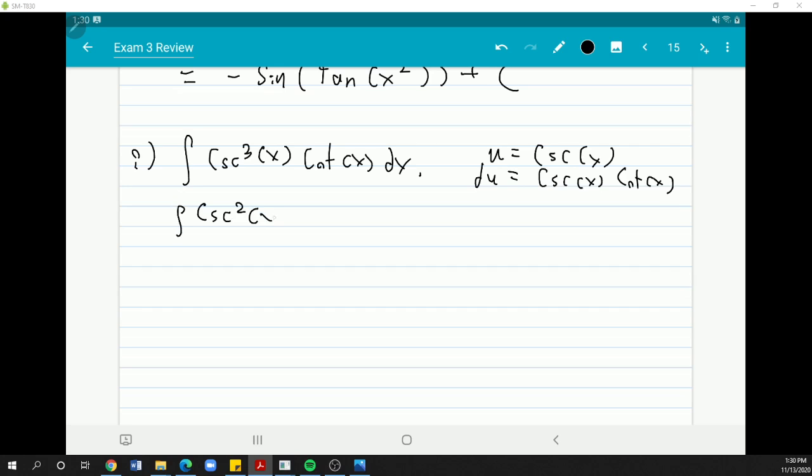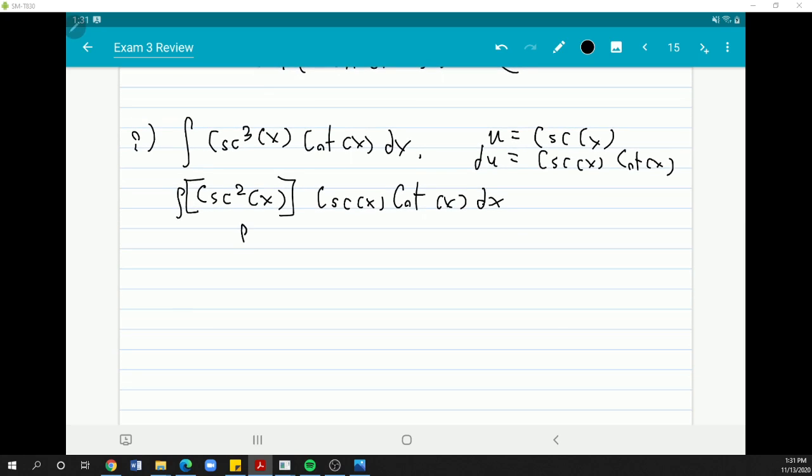So I'm going to take out two of the cosecants. They're going to be on their own. And then I'm going to have a cosecant x cotangent x out here. So I've borrowed a cosecant from that cosecant cubed to get my du. Sorry, this isn't a tan, it's a cotan. Ramping up on the mistakes now. But I'm borrowing the cosecant so it can be with the du.